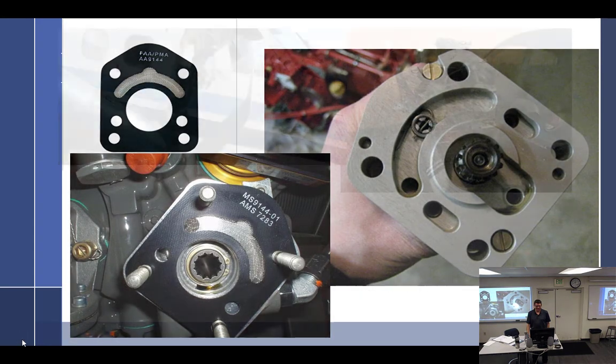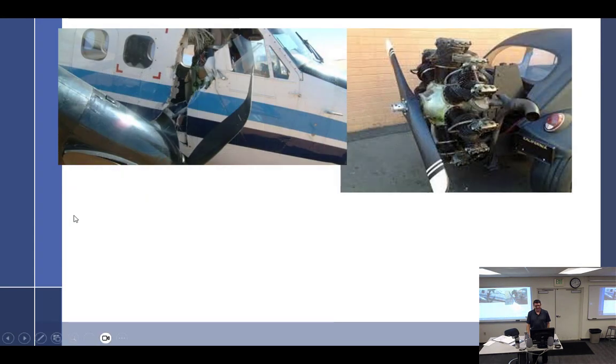Let's see. We did governors already. This is why I don't sit in line with the propellers. Yeah, it's a VW bug right there. This is in Sonoma. This guy up in Sonoma has this thing. Is there a pusher prop?